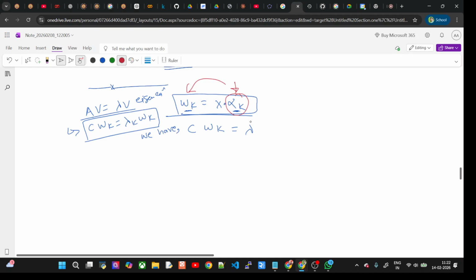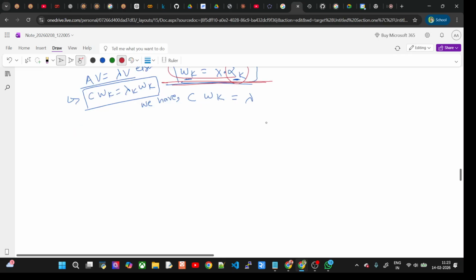Now just forget about this equation, this line. Now you are on the voyage to find out alpha k. To get alpha k, we know that C wk is equal to lambda k wk. That is our eigen equation.